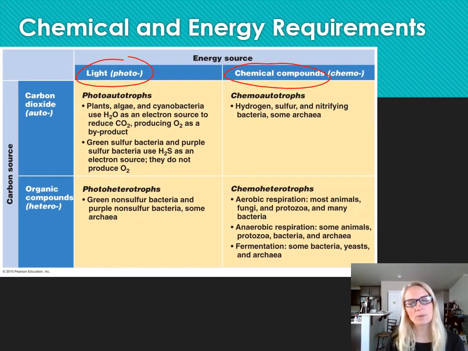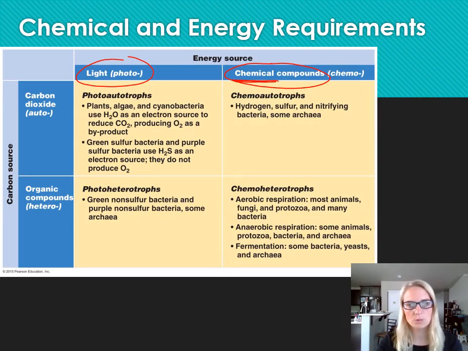So going back to chapter 5, which we just finished, we saw different types of phosphorylation: substrate level phosphorylation, oxidative phosphorylation, and photophosphorylation. When we are talking about the phosphorylation, that is our energy. We're making ATP by adding phosphate groups. In oxidative phosphorylation, it was the breakdown of chemicals, right?